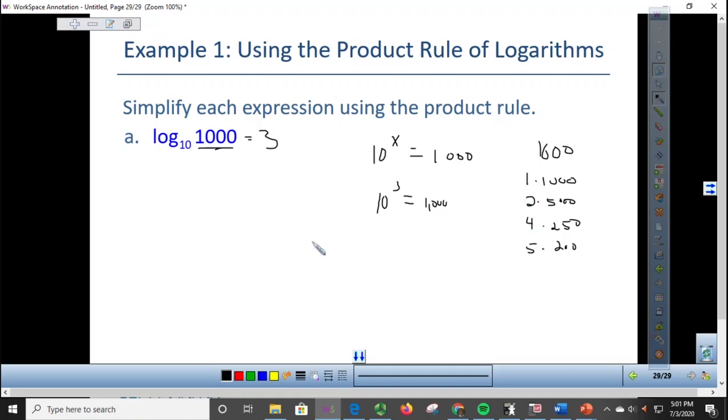Any of these, if we break this out to log base 10 of 2 plus log base 10 of 500, these all should give us 3, because that's what our product rule says.